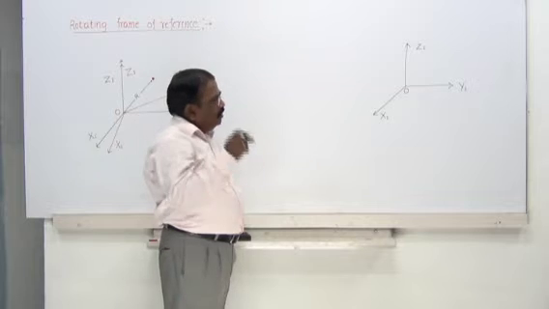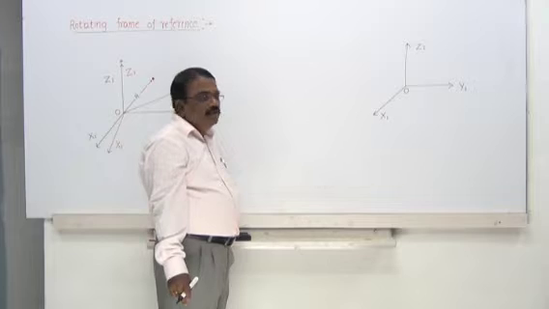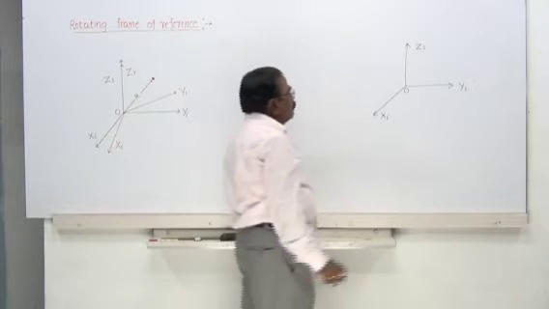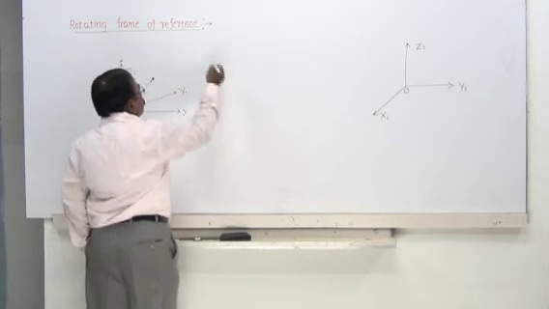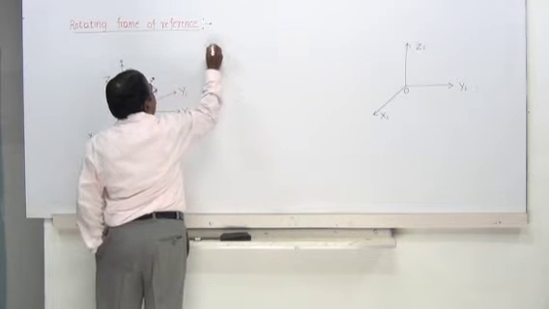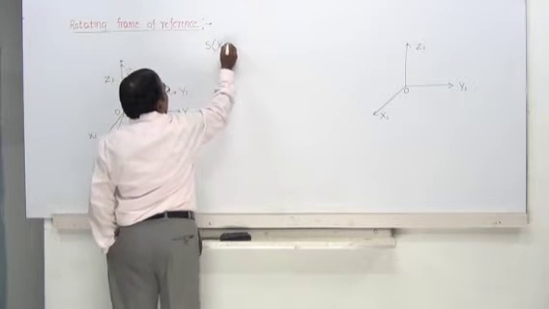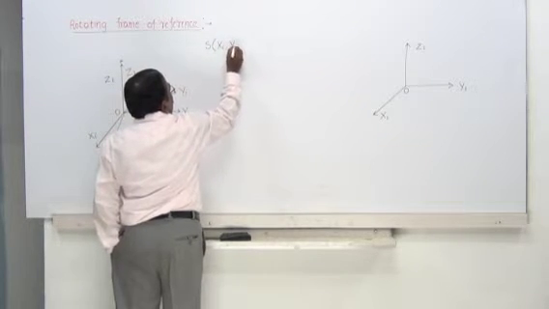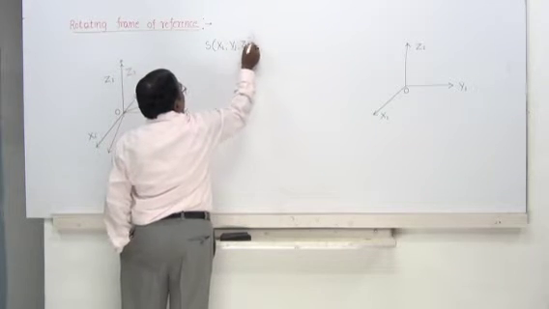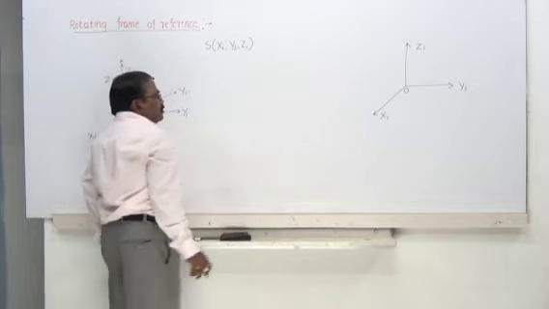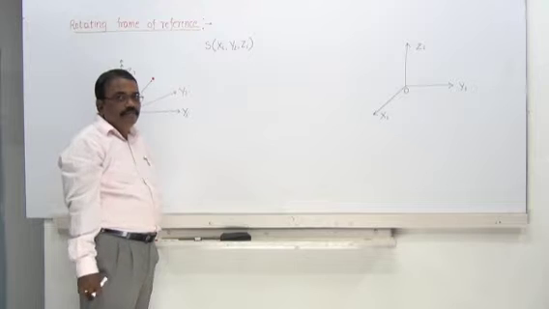And imagine another frame of reference. So this inertial frame of reference is represented by S, xi, yi, zi. It is an inertial frame of reference in which the particle of mass m is present.